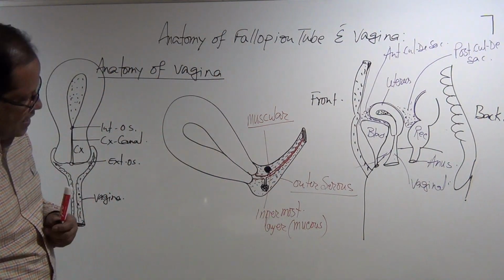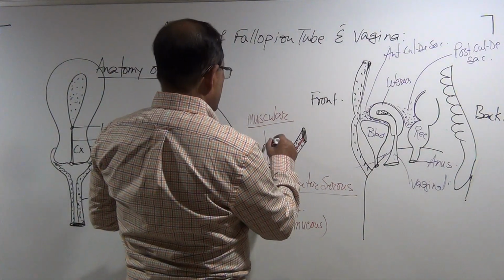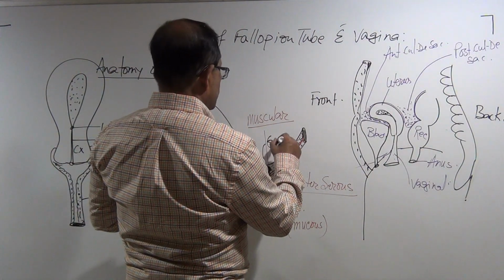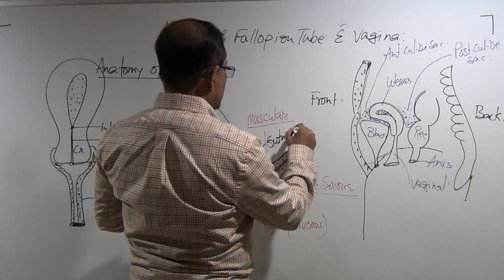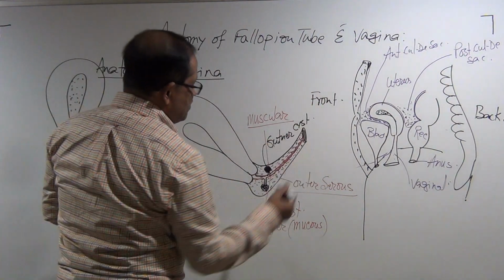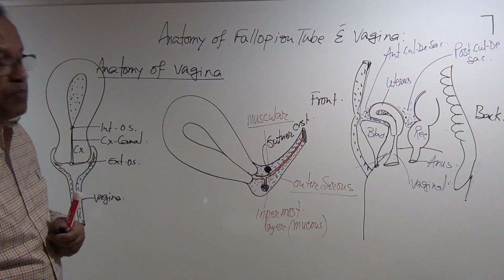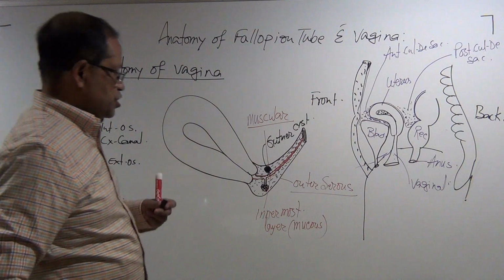Look at here. These are Gartner glands that can turn into cysts. And if it is inflamed, it may turn into an abscess, a very painful situation.